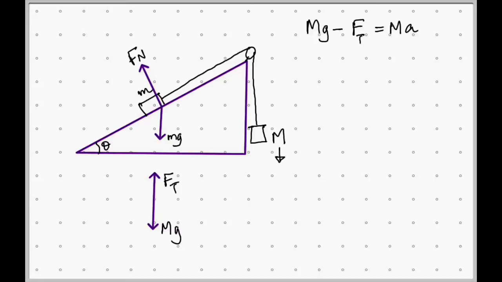This is going up the plane, so friction should be down the plane. I'm drawing it a little off so you can see it. And something I forgot: tension. I'm drawing that also a little off, so you can see it.